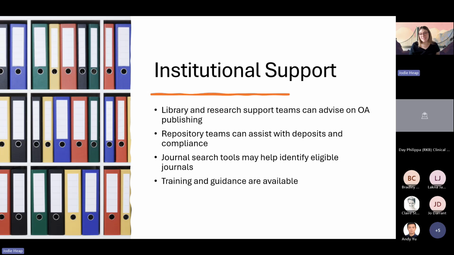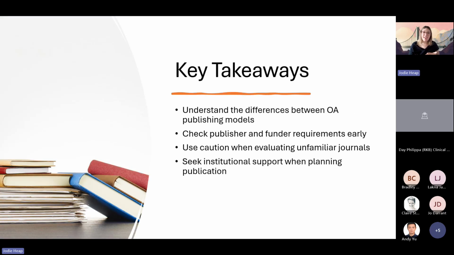There is, of course, institutional support available, so the library and research support teams can advise on open access publishing. We have the repository teams who can assist with the deposits and compliance elements. We've got the journal search tool, which I am thrilled about. That came in this year, so I'm just encouraging everyone to use it. And we have broad training and guidance available, so do check all of that out.